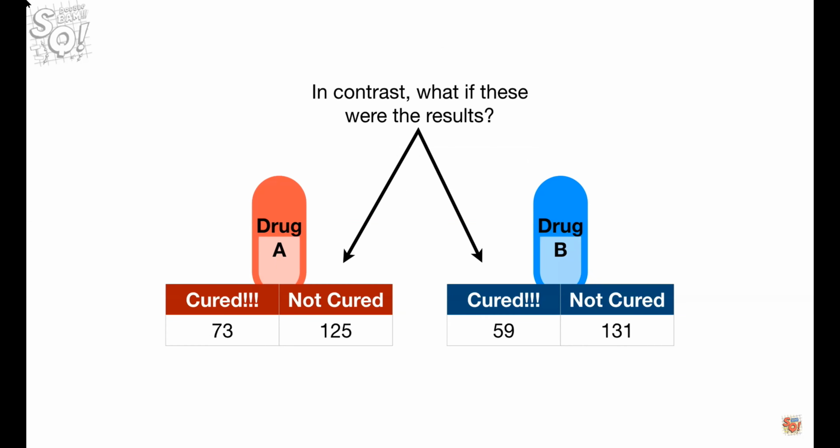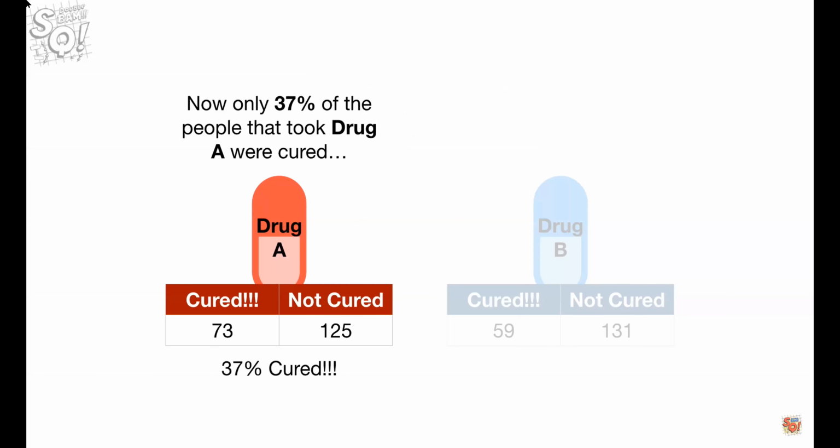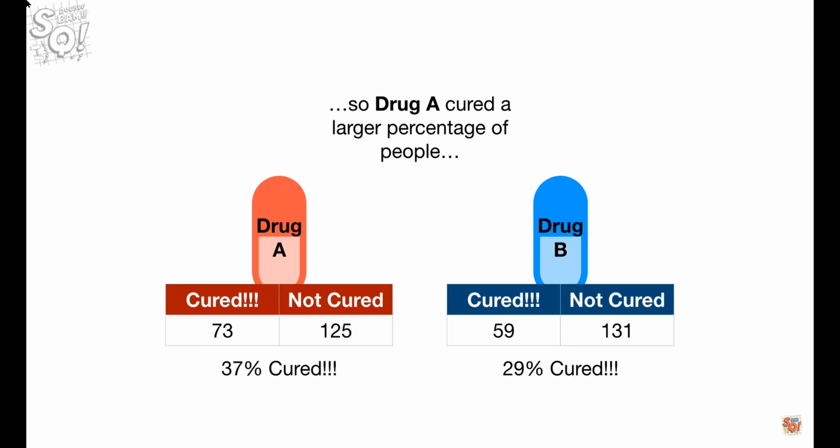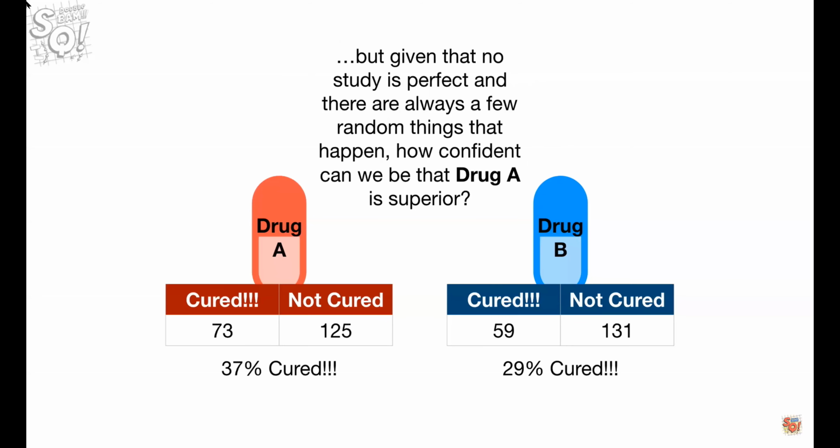In contrast, what if these were the results? Now, only 37% of the people that took drug A were cured, compared to 29% that took drug B. So drug A cured a larger percentage of people. But given that no study is perfect and there are always a few random things that happen, how confident can we be that drug A is superior?